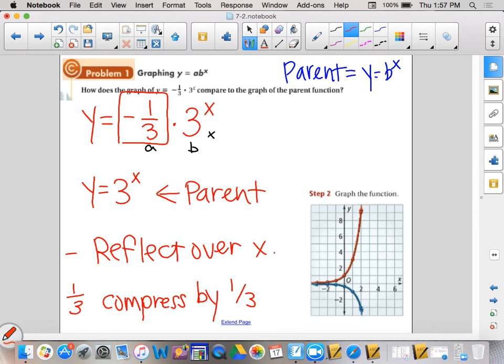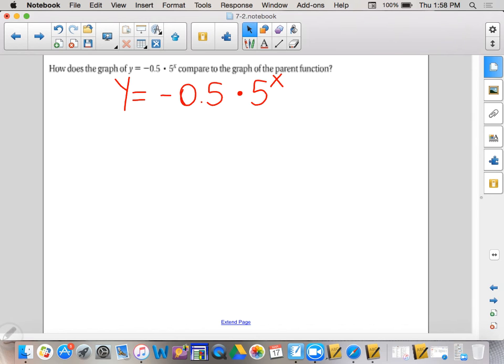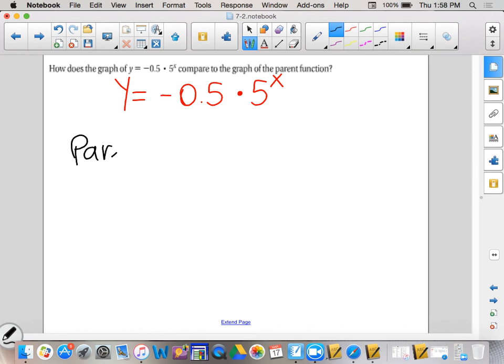So let's look at another one. This one is y equals negative 0.5 times 5 raised to the x. What would my parent function be? y equals 5 raised to the x. If I take that out of the equation, what am I left with? Negative 0.5. And it comes before the 5 to the x, correct?